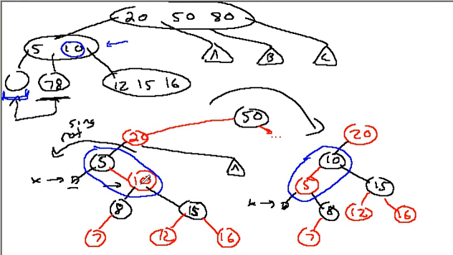If the sibling of x is red, that means it's really part of the node. If the sibling of x is red, as 10 is, that means this red node is really, if you were to convert back to a 2, 3, 4 tree, this red value would be part of the node above it. And we see that here. We have 5 and 10 are in the same node.